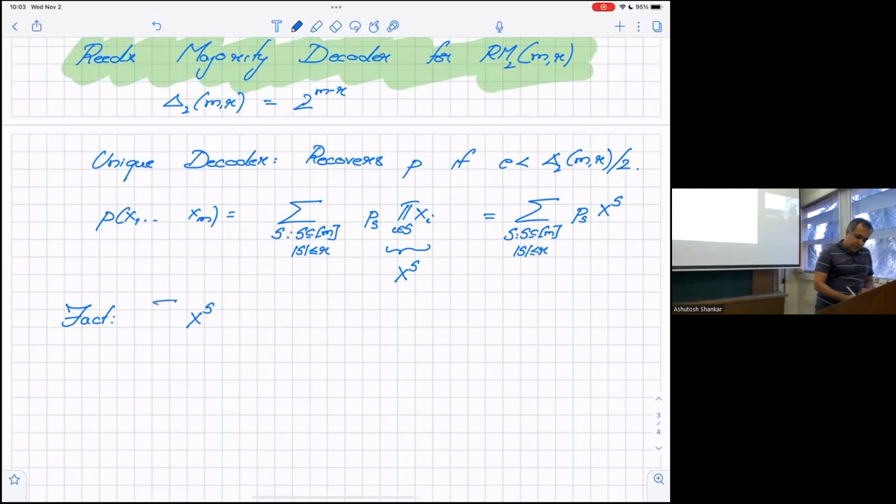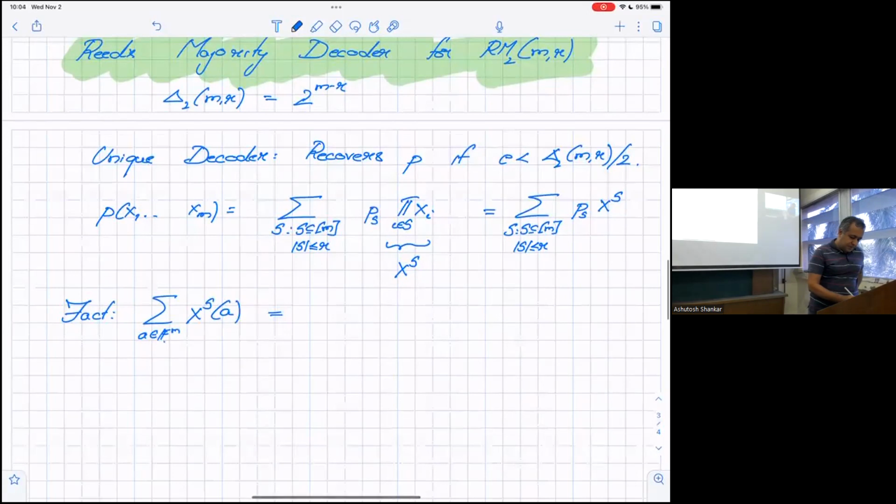And I evaluate this polynomial on all points in F2 to the n. What is this going to be? It will be 0, except for one thing.